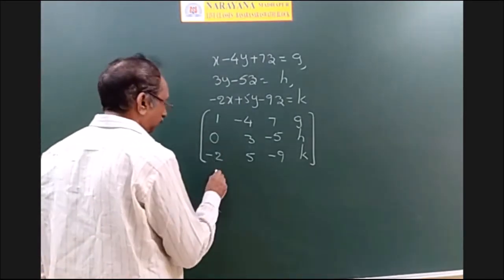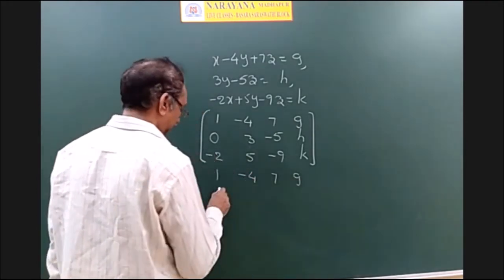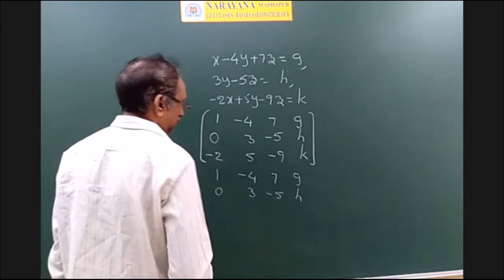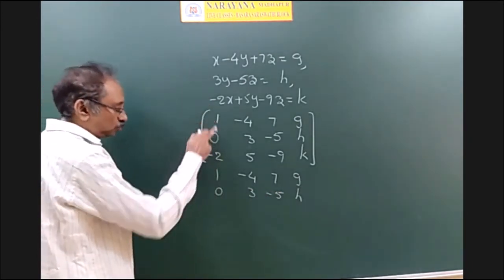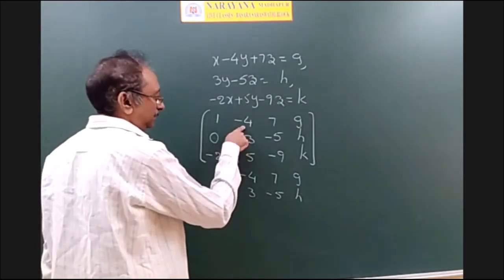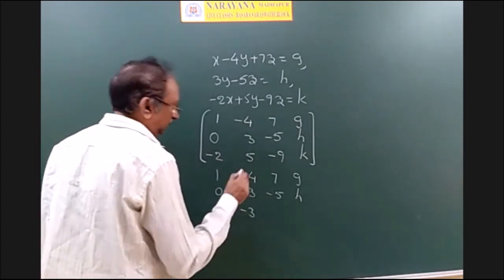This is already 0. So 1, minus 4, 7, G; 0, 3, minus 5, H. And multiply this with 2 and add: 2 minus 2, 0. Multiply this with 2, that is minus 8 plus 5, minus 3.